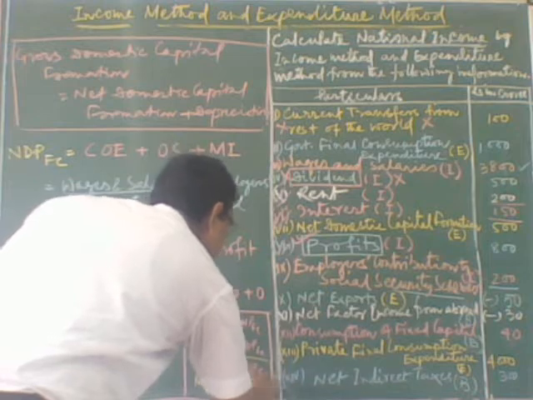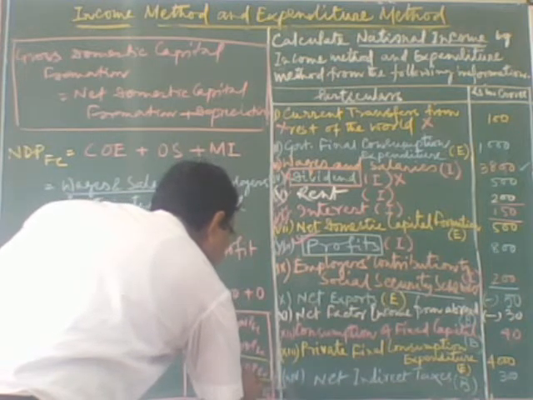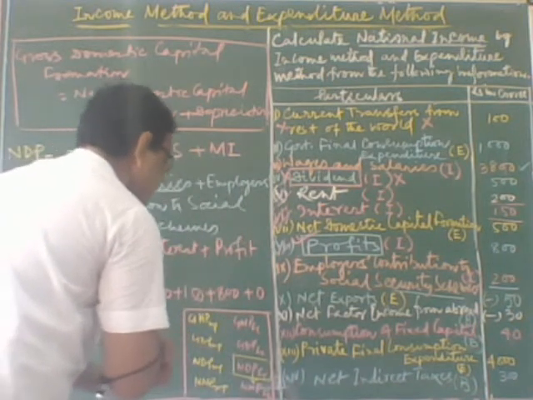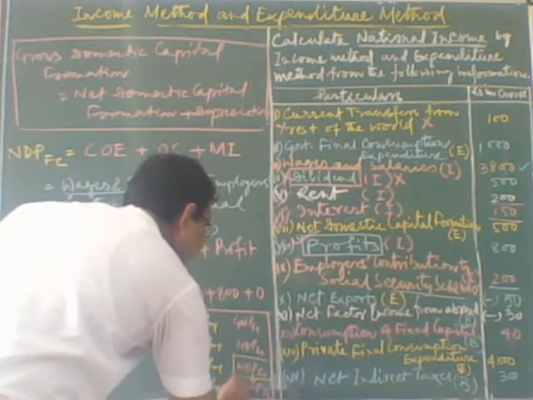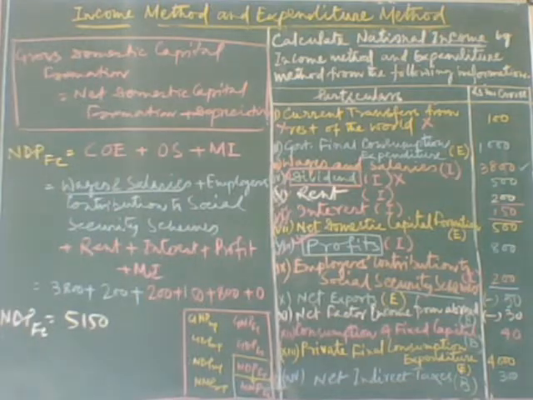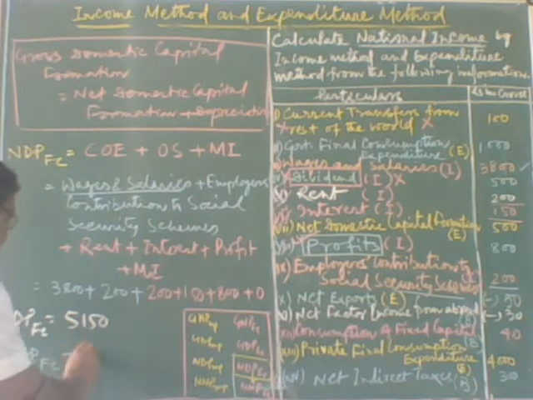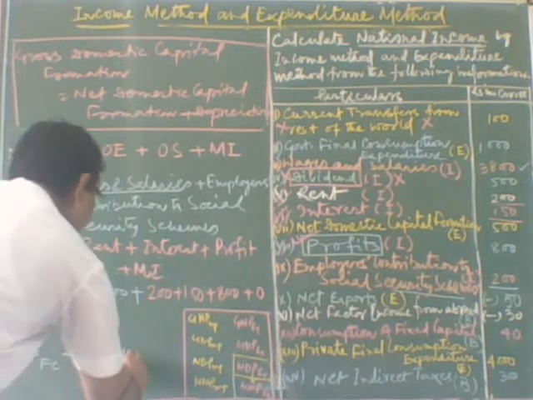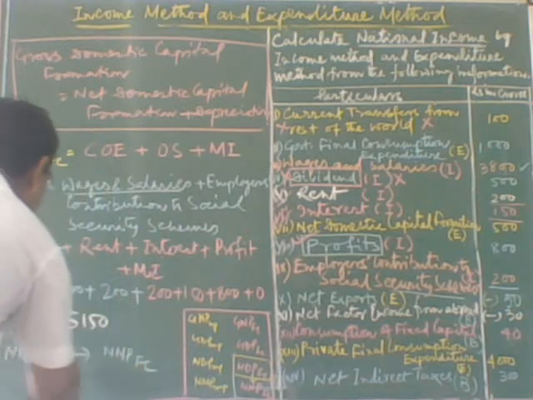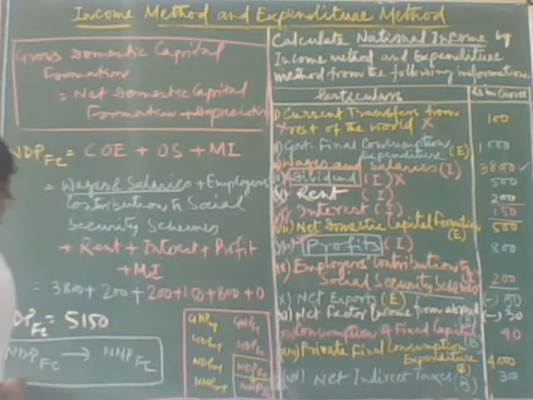From this one, you have to calculate the value of NNP factor cost in only one step. So the route is NDP factor cost to NNP factor cost. You have to follow this route.